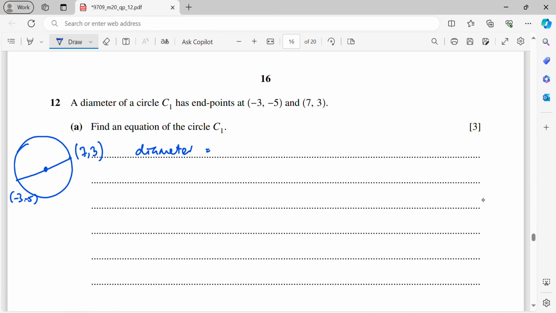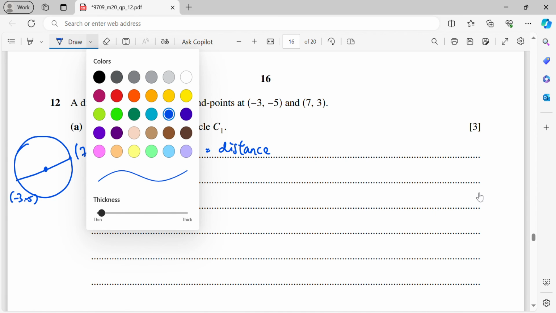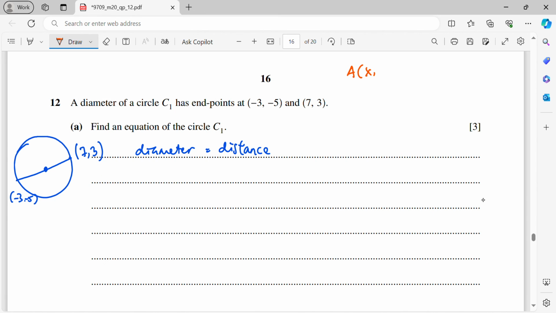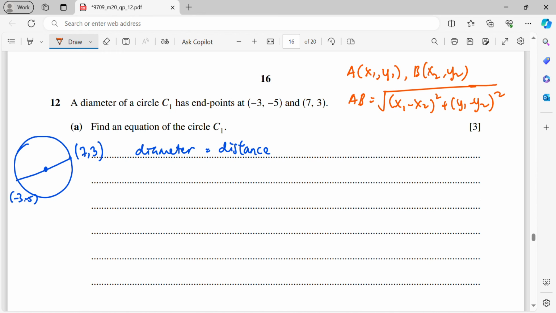is basically the distance of the 2 points. So the distance of 2 points is basically, right, so A is x1, y1, B is x2, y2. So the distance, which is the length, is the square root of x1 minus x2 squared plus y1 minus y2 squared. That's the distance.